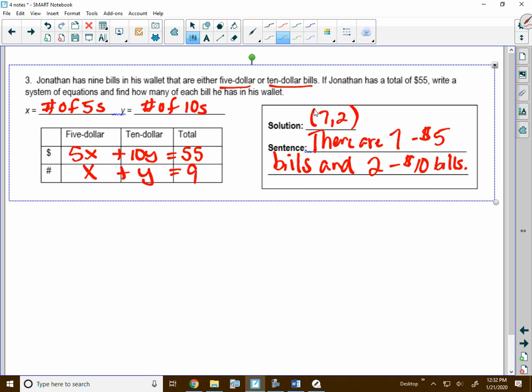You can say that however you want. There are 7 $5 bills and 2 $10 bills. However you want to say that, just so that you make it clear.